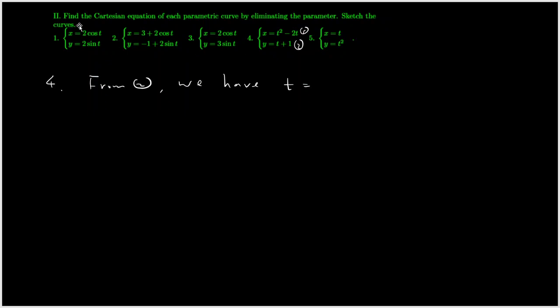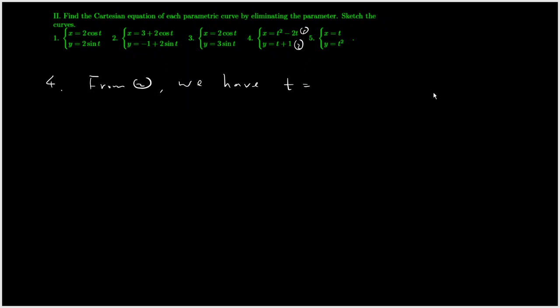Maybe I should have included that part in the question, but yes, try to know the sketch, in particular for question 1, question 2, and question 3. I want you to know the sketch for the parametric curves.